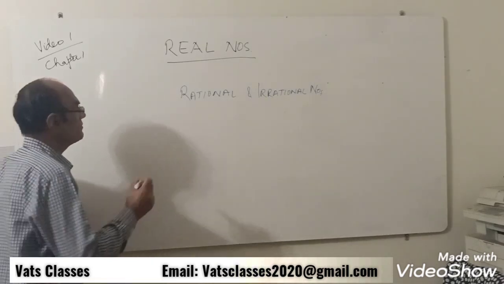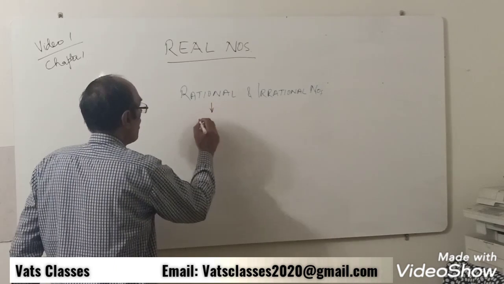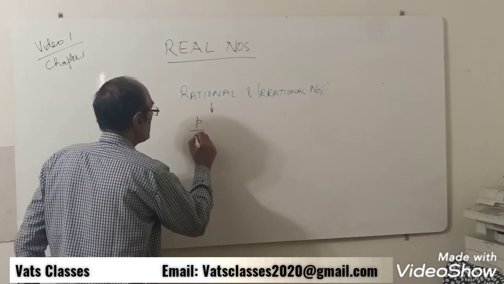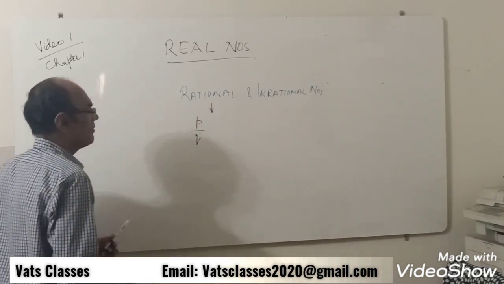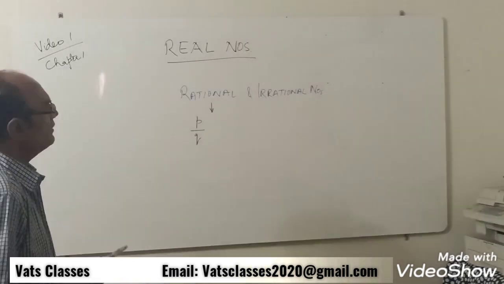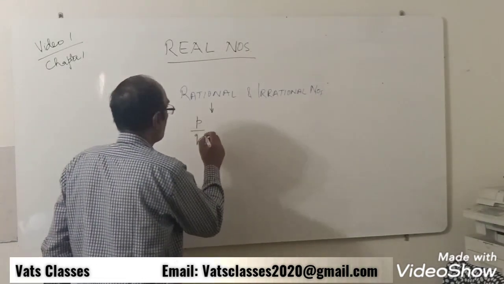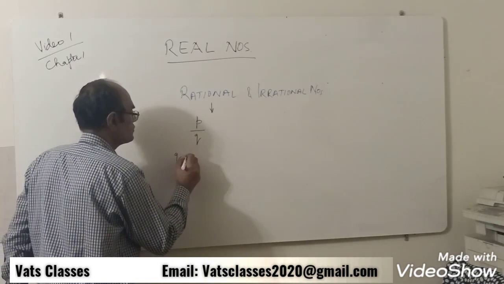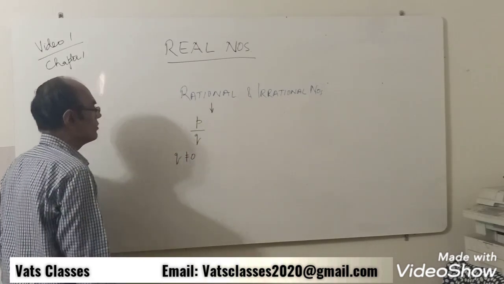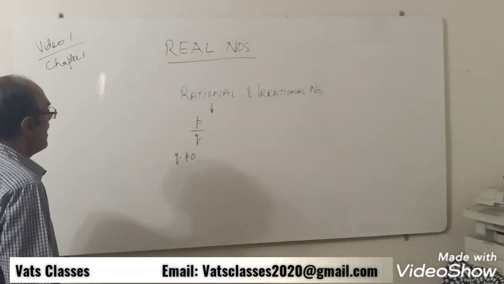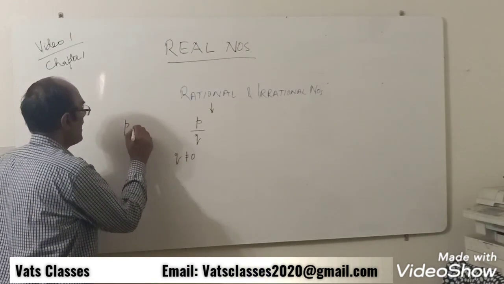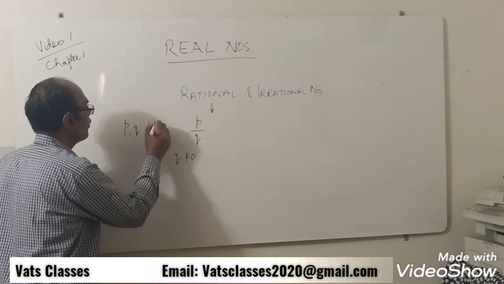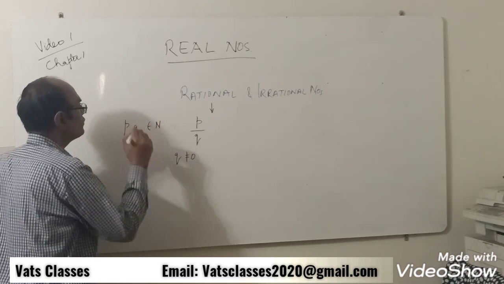Rational numbers are all those numbers which can be put in the form p over q, where q is not equal to 0. p and q belong to natural numbers.